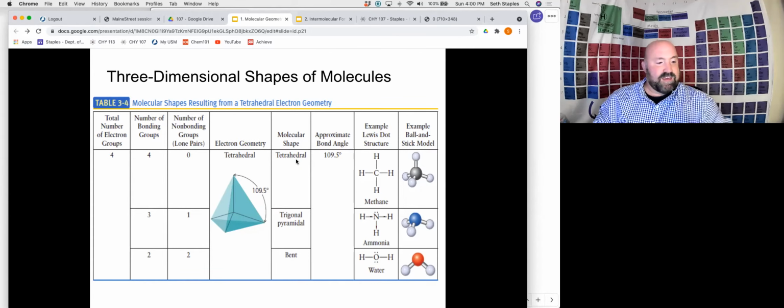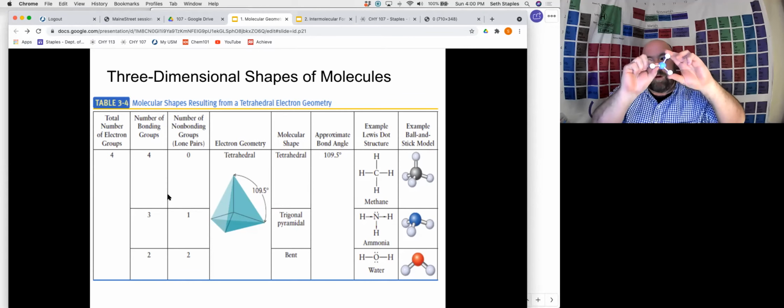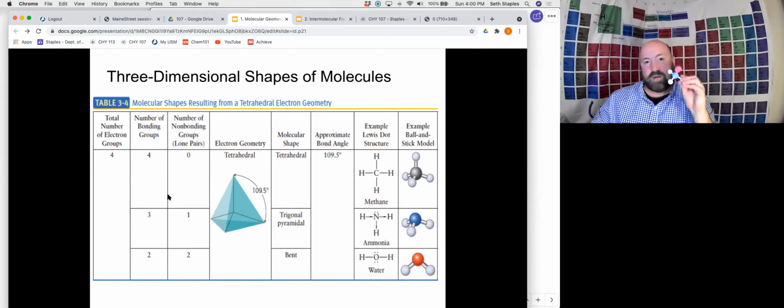If, as in the case of ammonia, 1, 2, 3, 4 electron groups, 1, 2, 3 of those are bonding, 1 of those is non-bonding, then we still have an electron geometry of tetrahedral, but now a molecular geometry that we call trigonal pyramidal.